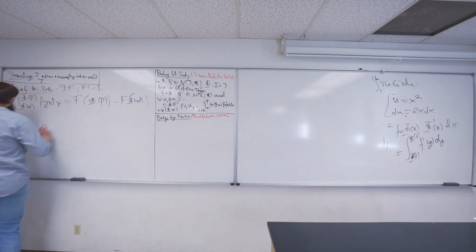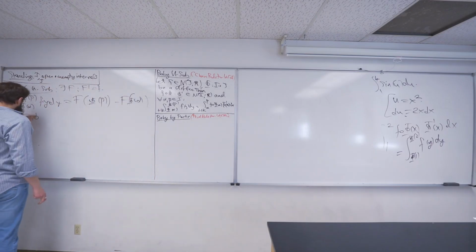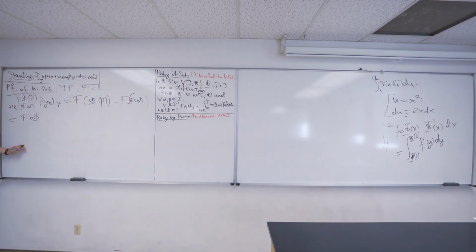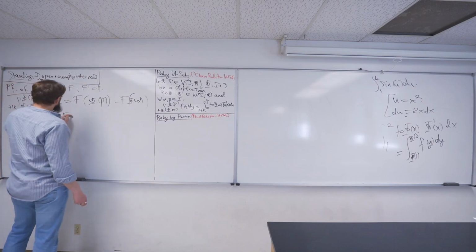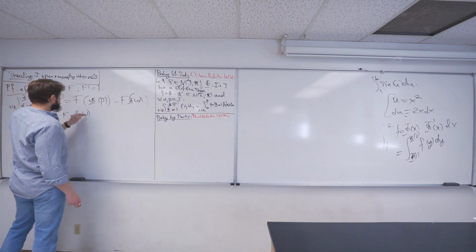But of course, this is nothing but capital F composed with phi applied to beta. That's how we define composition of functions. And likewise here.